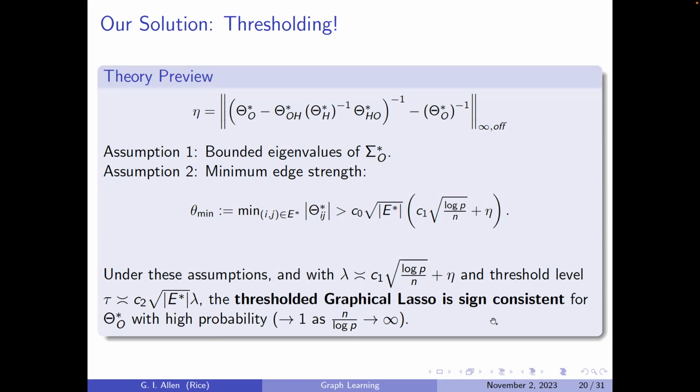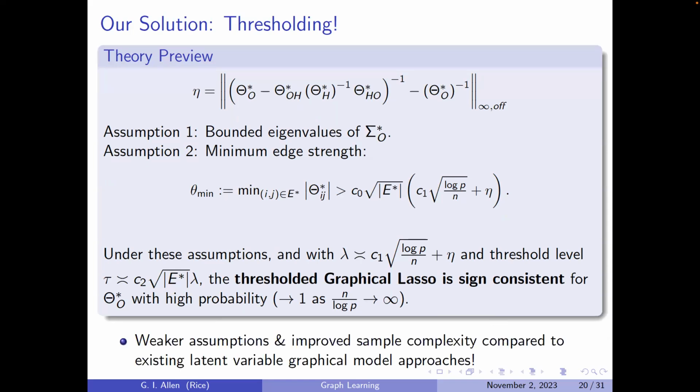You can do the same thing for neighborhood selection, CLIME, and lots of other methods. I would argue these are much weaker assumptions than even the regular graphical lasso, because importantly, we do not require an incoherence assumption at all to get consistency, even for recovering the graph with latent variables, which is a really nice approach.